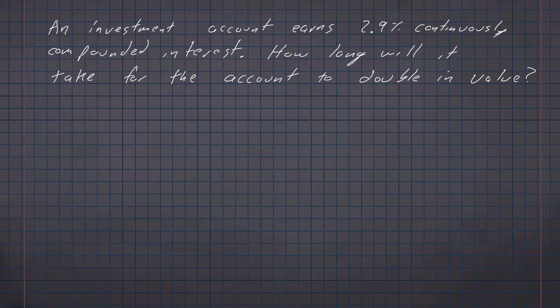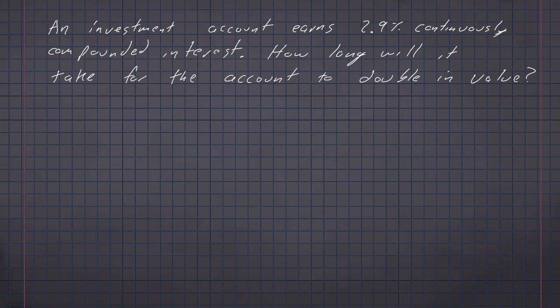So consider an investment account which earns 2.9% continuously compounded interest. We ask the question, how long will it take for this account to double in value? And at first glance, it feels like there's not enough information to solve this problem.